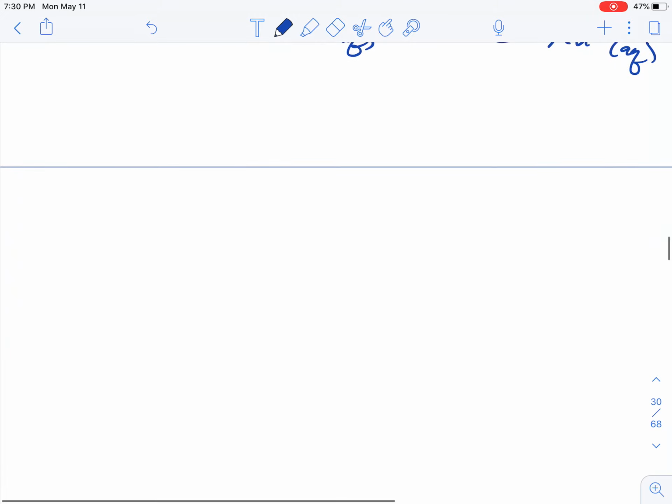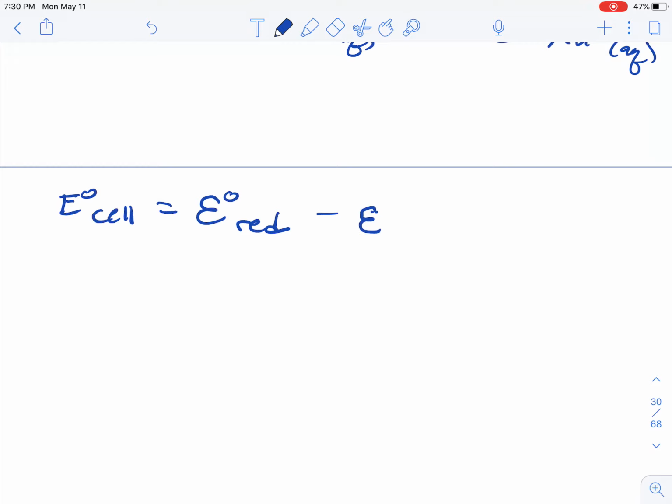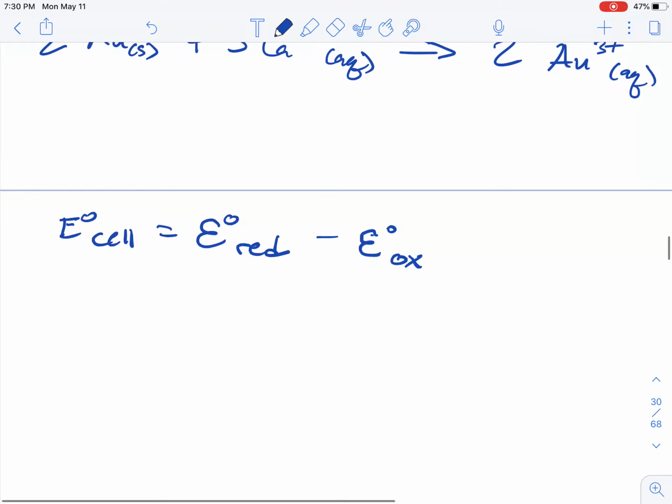So I'll go ahead and write it down here. The standard cell potential is equal to the difference between reduction and oxidation. It's the difference of their potentials.